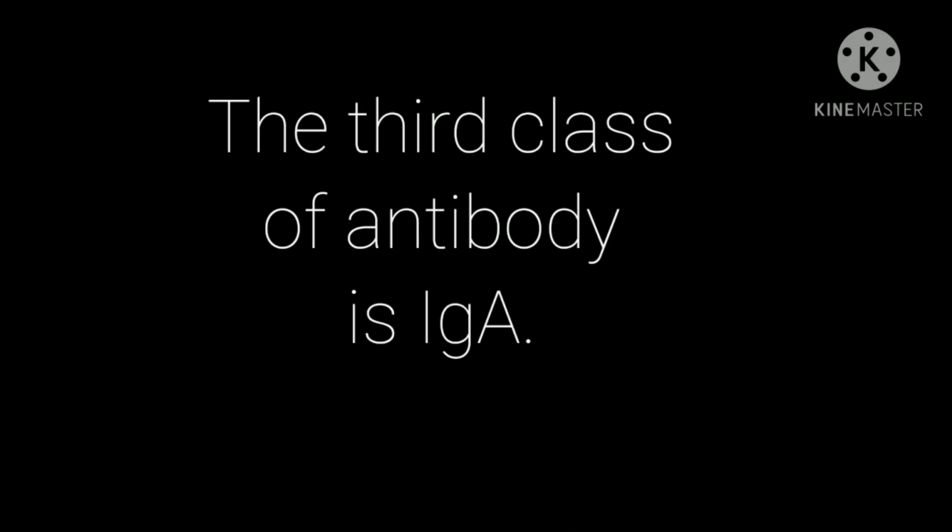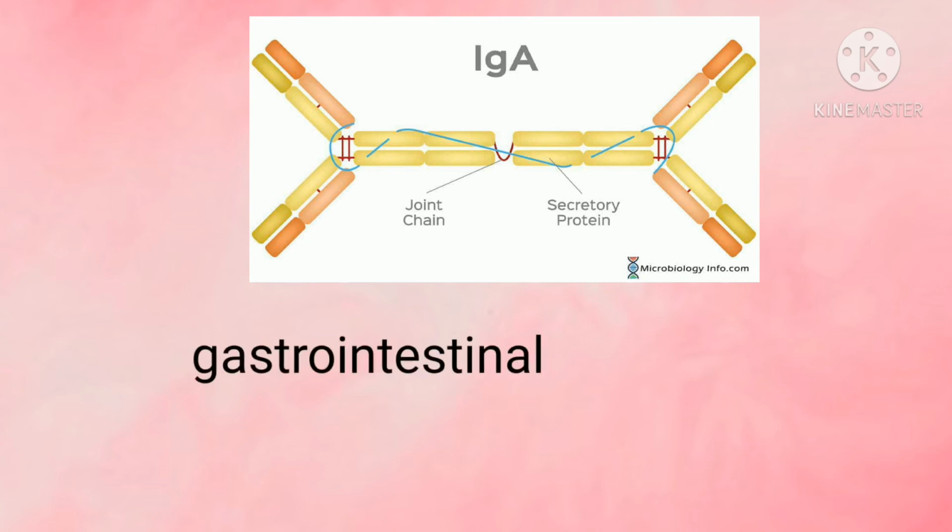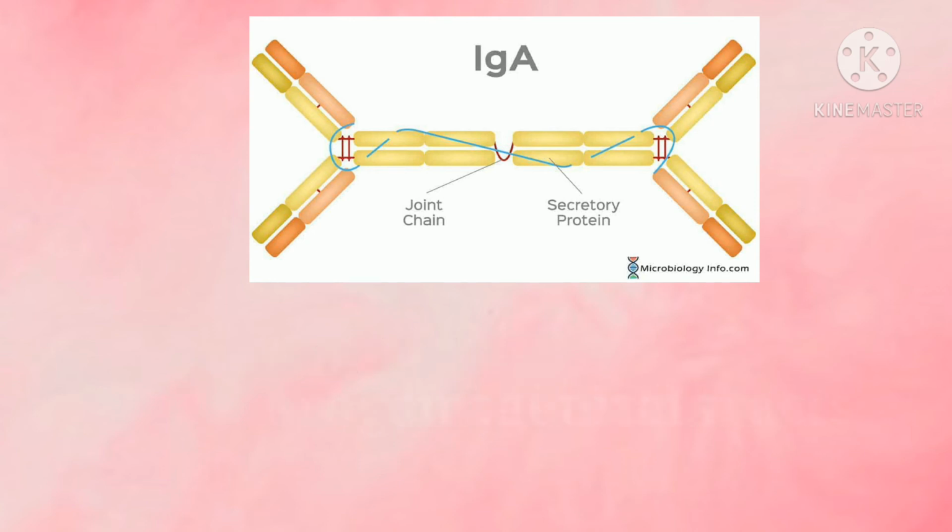The third class of antibody is IgA. This is found in external secretions such as those at the mucosal surfaces of the respiratory, gastrointestinal, and urogenital tracts.